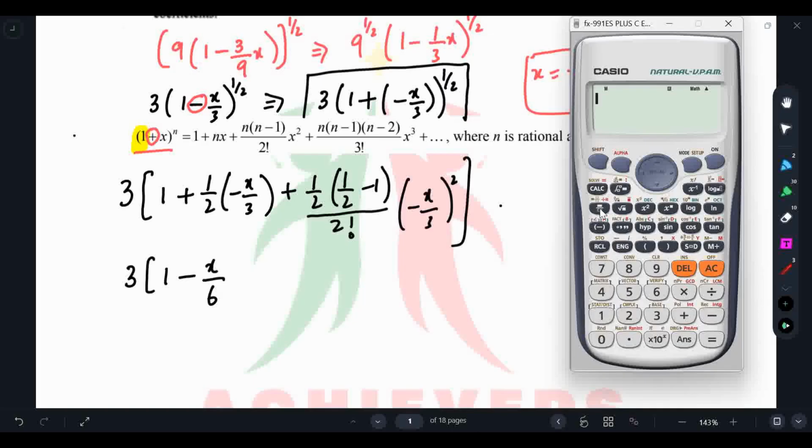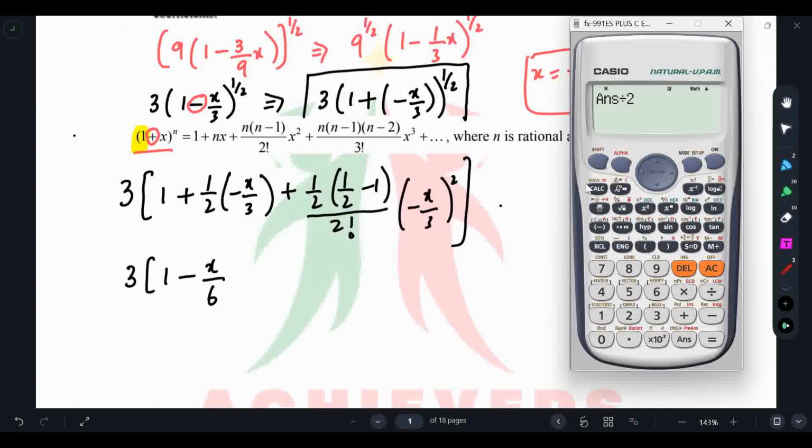So let me write it like this: fraction 1 by 2 minus 1 will be minus 1 by 2, multiplied by fraction 1 by 2, whole divided by 2 factorial.